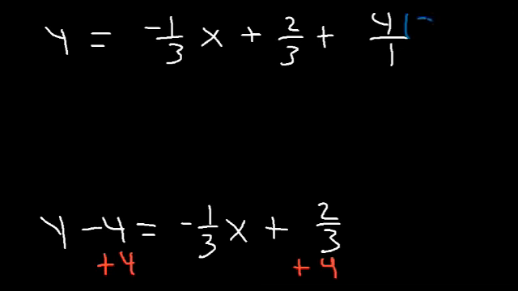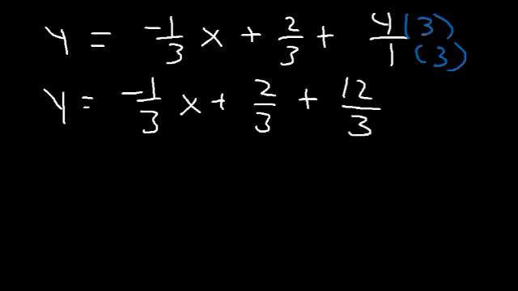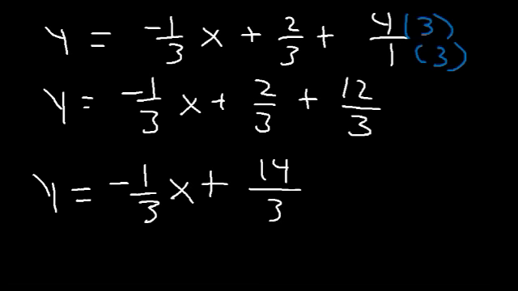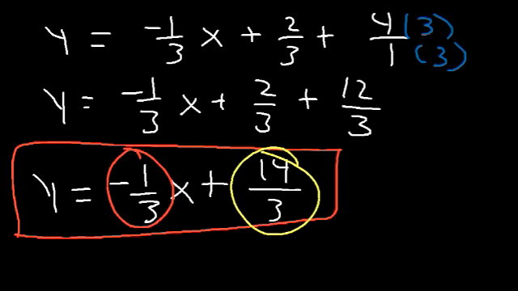So let's multiply 4 by 3 over 3. So 4 times 3 is 12. So 2/3 plus 12/3. 2 and 12 is 14. So this is the final answer in slope-intercept form. You can see that the slope is negative 1/3 and the y-intercept is 14 over 3.